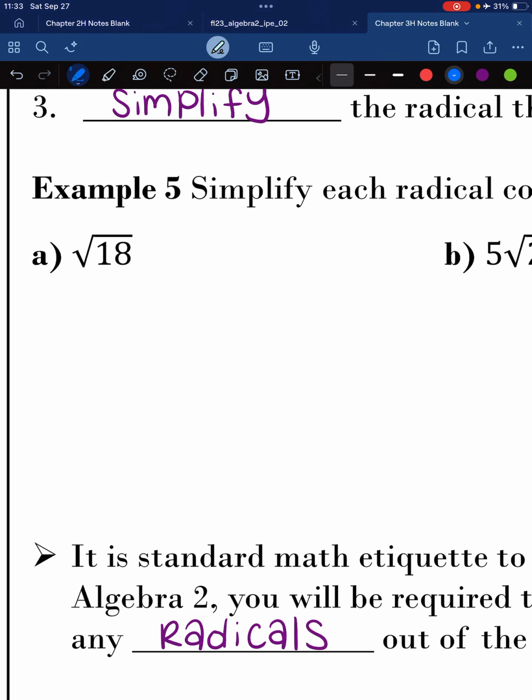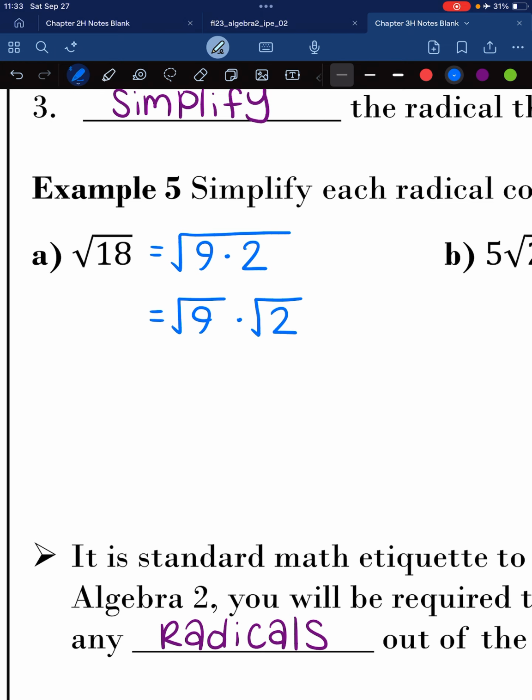In example A here, we can break up the square root of 18 into, I know that 18 is 9 times 2, and the multiplication property of radicals says I can split this up into two separate radicals, and it's still going to equal the square root of 18.